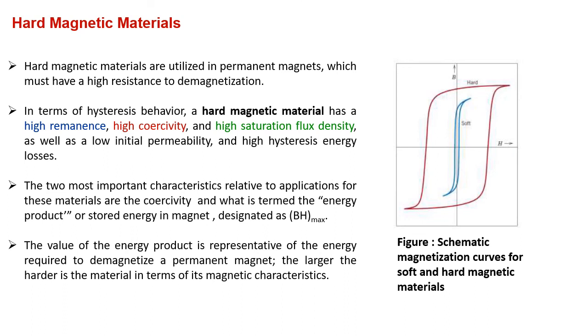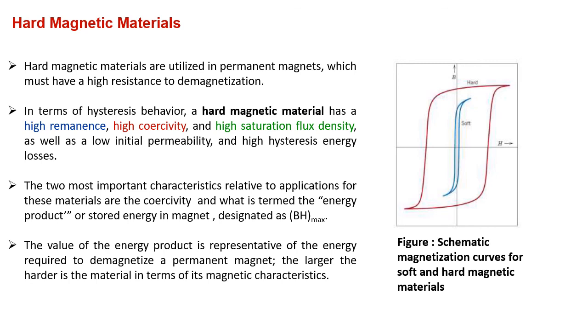Hard magnetic materials. Hard magnetic materials are utilized in permanent magnets, which must have a high resistance to demagnetization. In terms of hysteresis behavior, a hard magnetic material has a high remanence, high coercivity, and high saturation flux density, as well as a low initial permeability and high hysteresis energy loss.